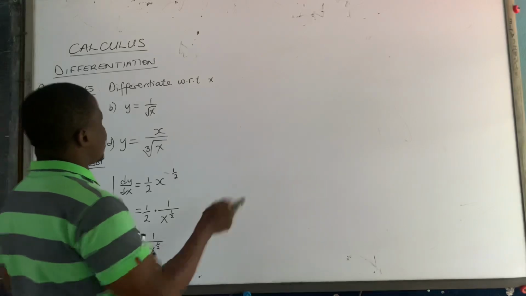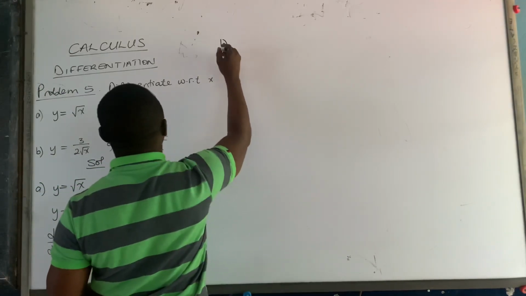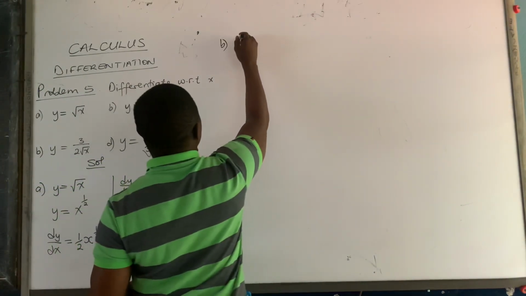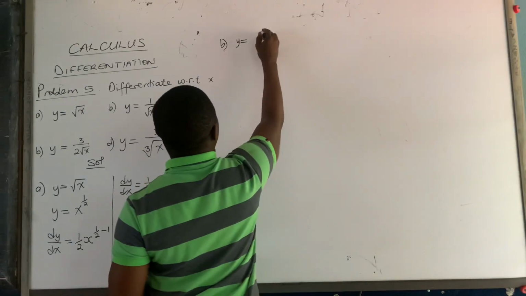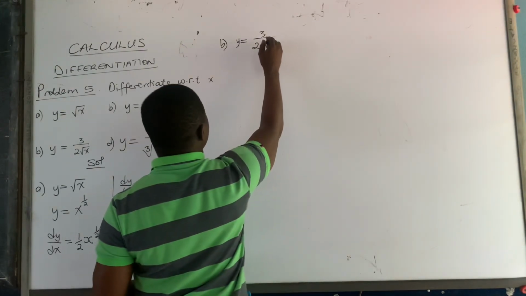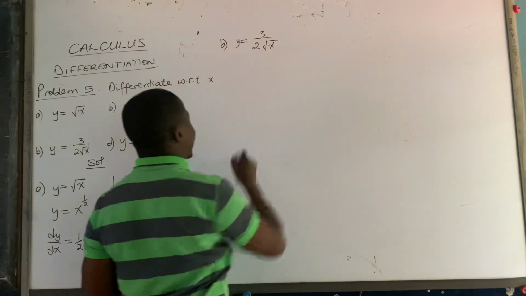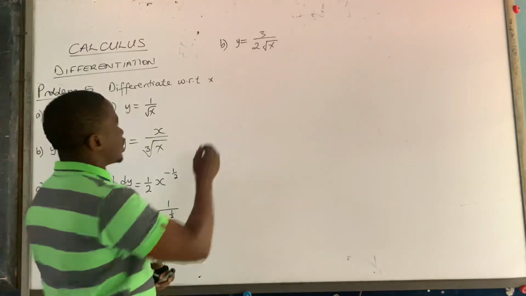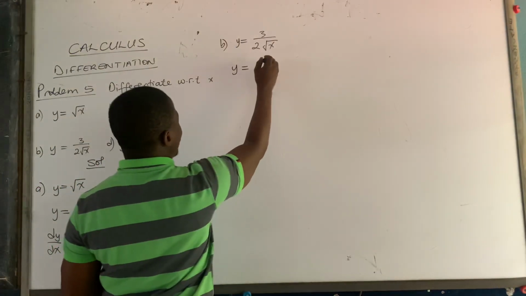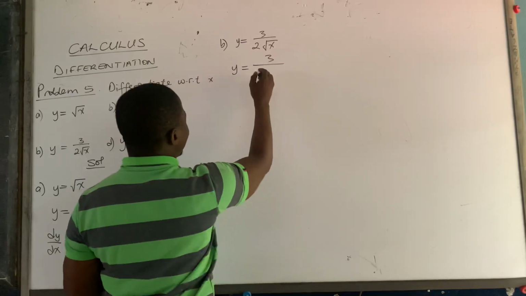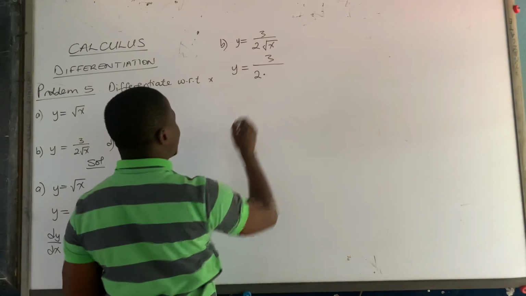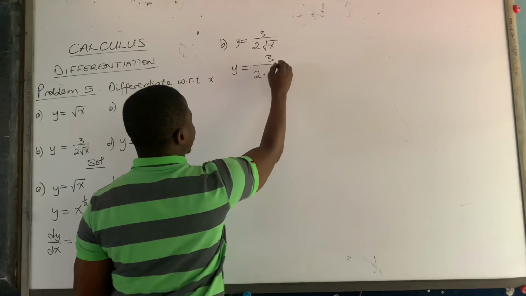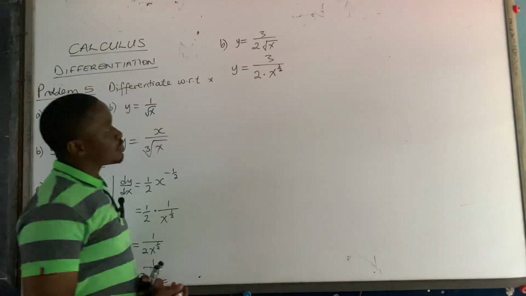Alright. So the B part of the question says y is equal to 3 divided by 2 root of x. Let us remove x from the roots. So we say y is equal to 3 divided by 2 multiplied by x raised to the power half.